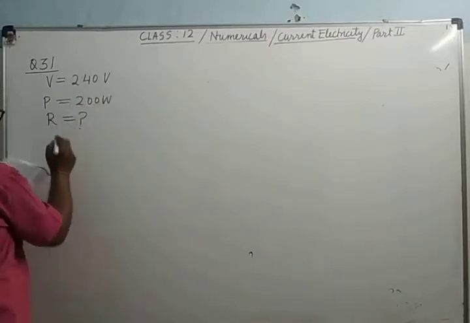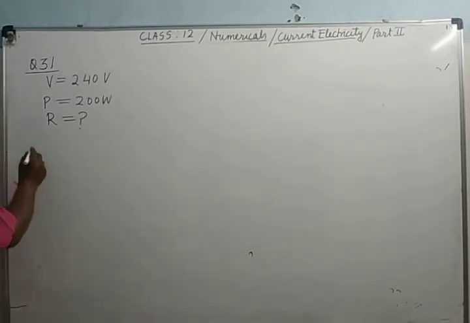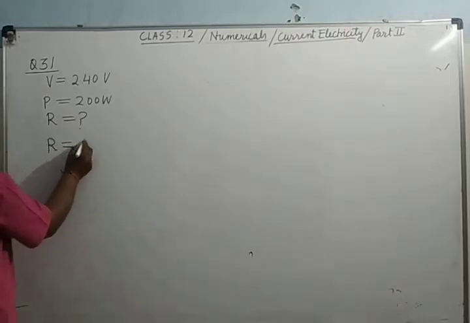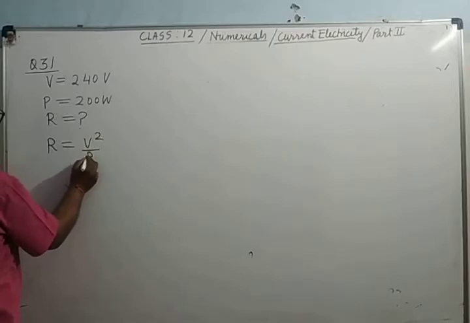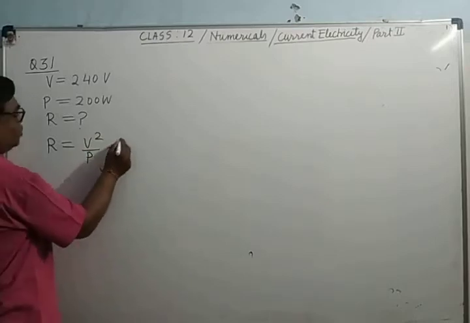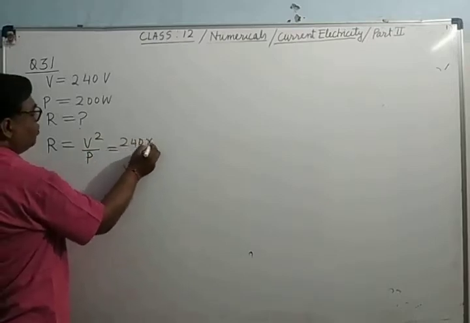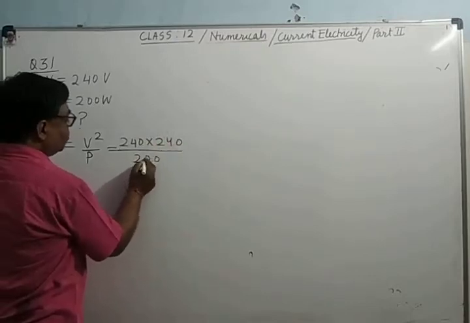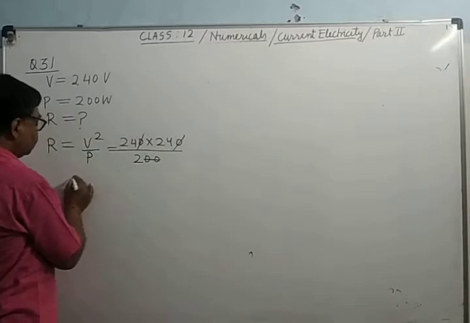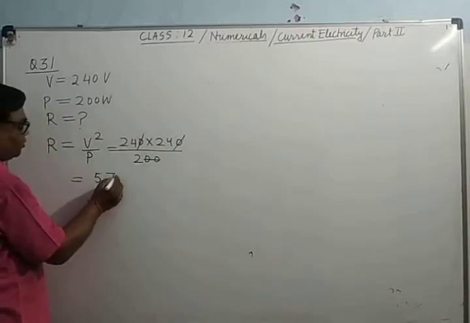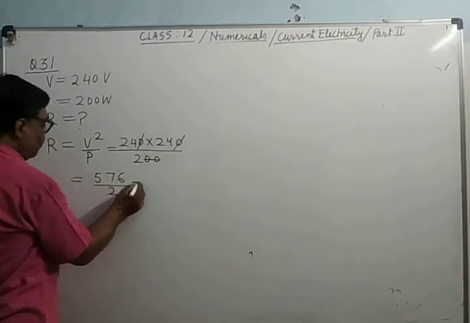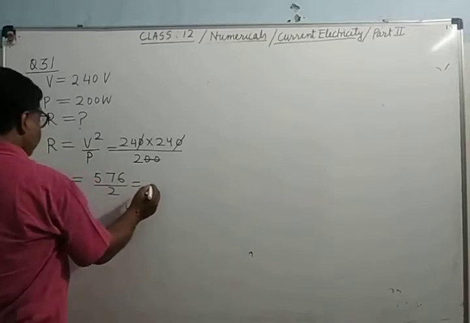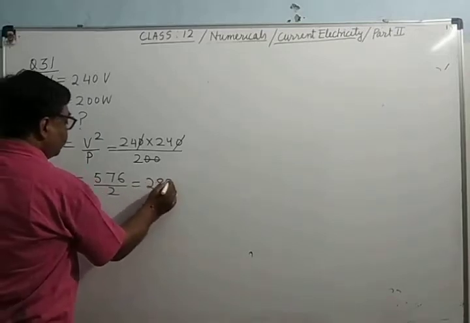It is very simple. How will you find the resistance? Resistance equals V square upon P. V square is 240 into 240 and upon P, that is 200. So this will be cancelled. So 24 square, it is 576 upon 2. When you simplify, it will come out 288 ohm.